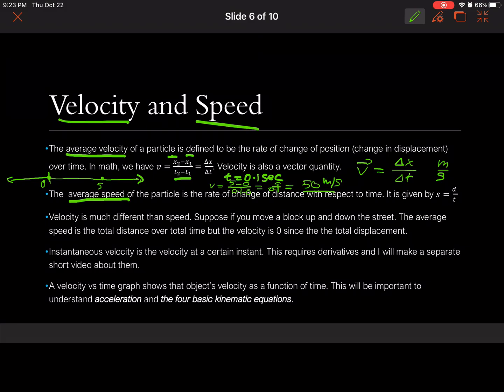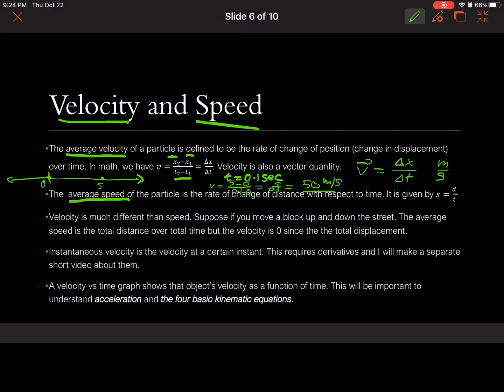Suppose I have a ball, let's take my book again, the physics book. Let's say I kept it on my desk and I moved it to another room for some reason. And over time, I moved it back to the same spot at my desk. But the change in displacement, the change in position is 0 here, so the velocity is also 0. But the average speed is not, because I'm talking distance here.